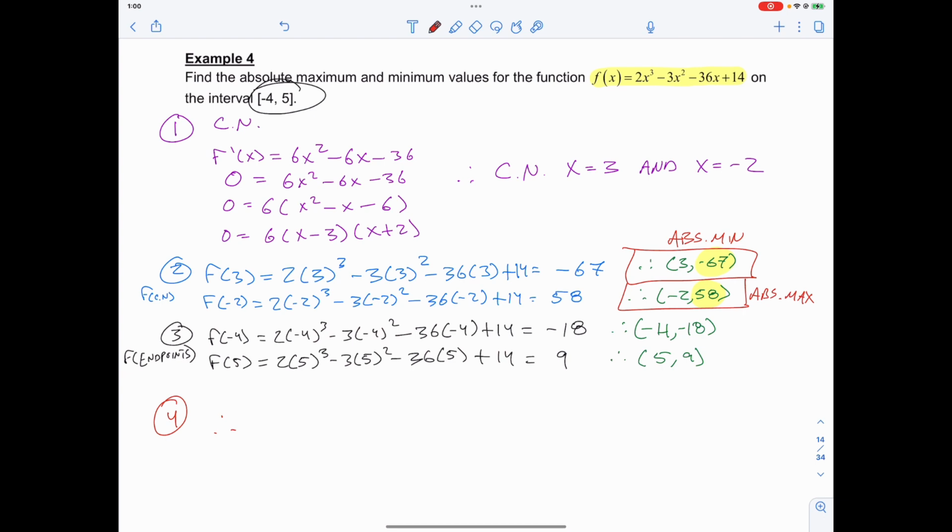Therefore, the absolute maximum value is 58, and the absolute minimum value is -67.